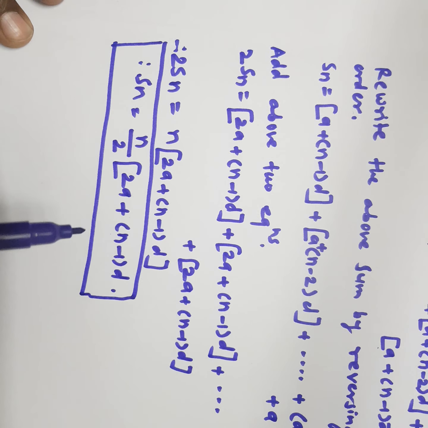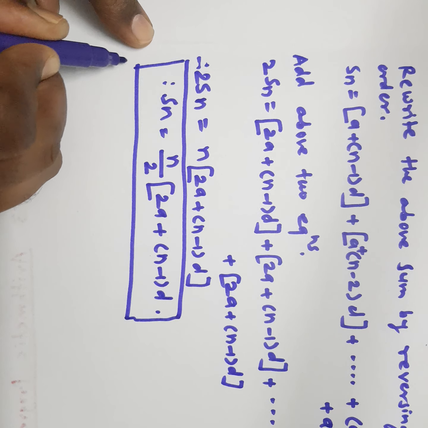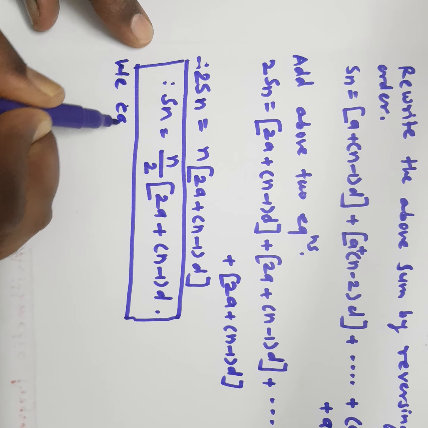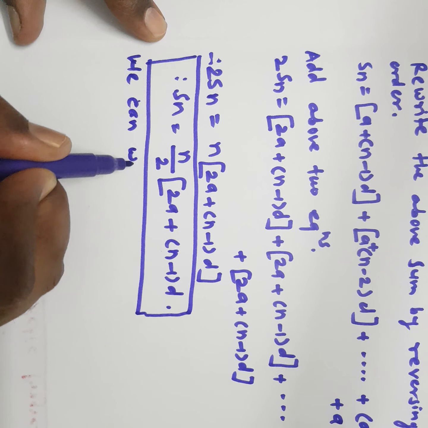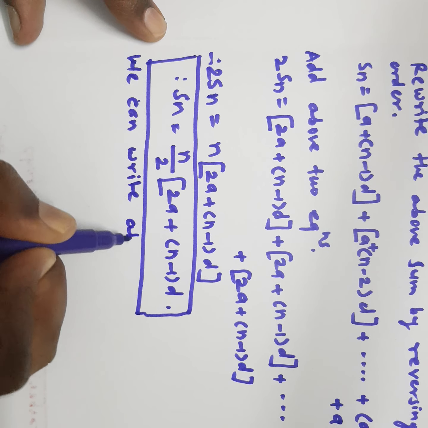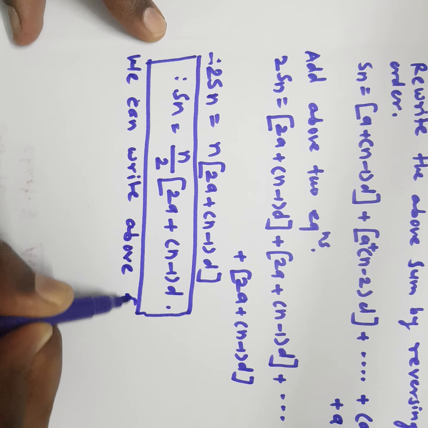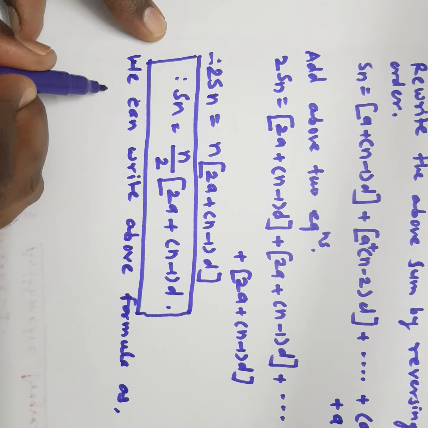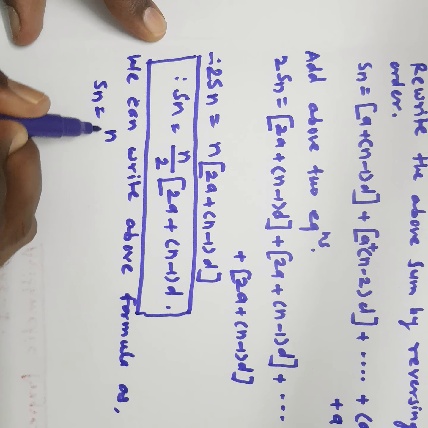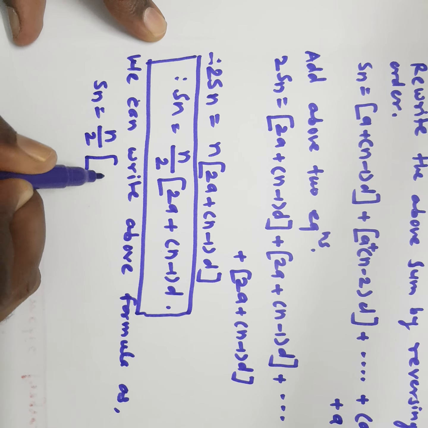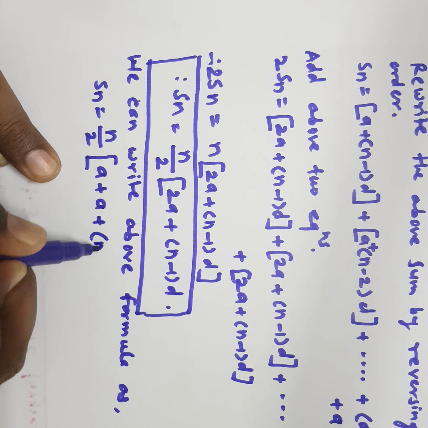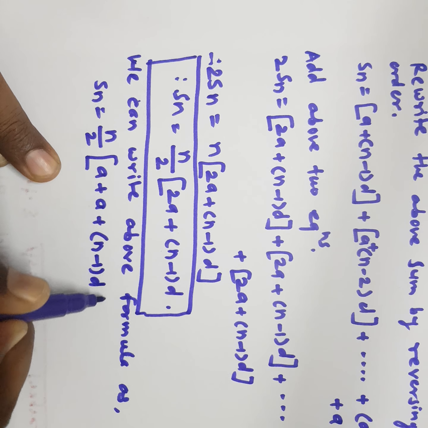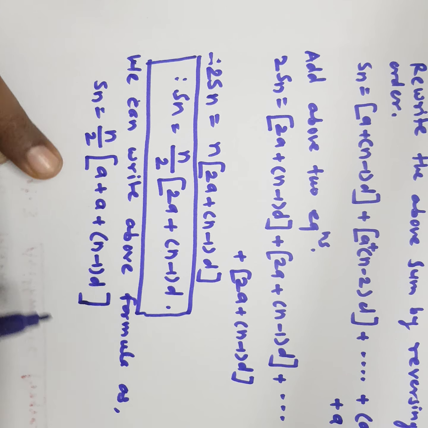Here we can write the above formula as Sn is equal to n by 2 into bracket a plus a plus n minus 1 into d.